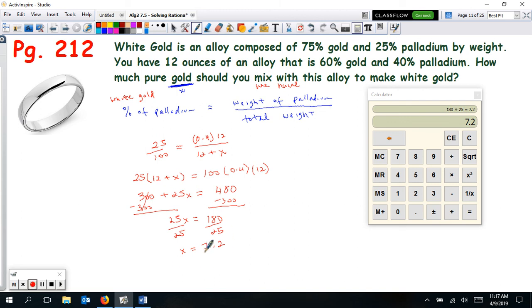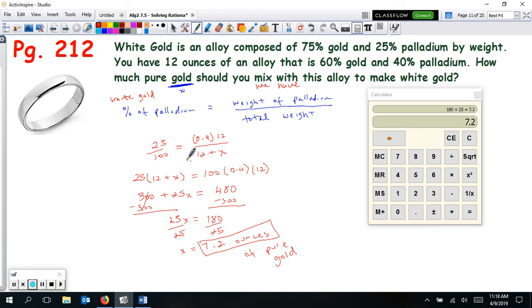That's how many ounces. So 7.2 ounces here. That's how many ounces then needs to be added. So 7.2 ounces, I guess we could say, of pure gold needs to be added to our mixture of this 12 ounces to make the white gold.